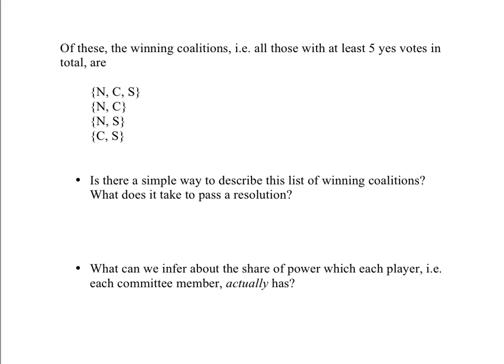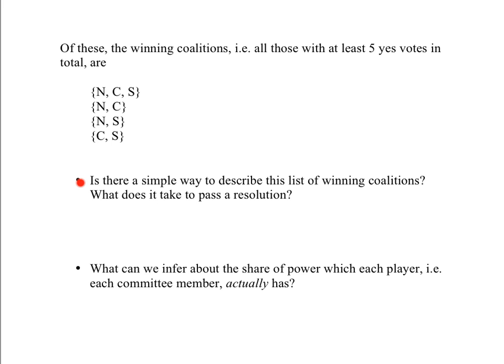So if we look more closely just at this collection of the winning coalitions, we can ask, is there a simple way to describe the list? In other words, just in words, what does it take to pass a resolution? And then what can we infer about the share of power which each player, that is, each committee member, actually has?